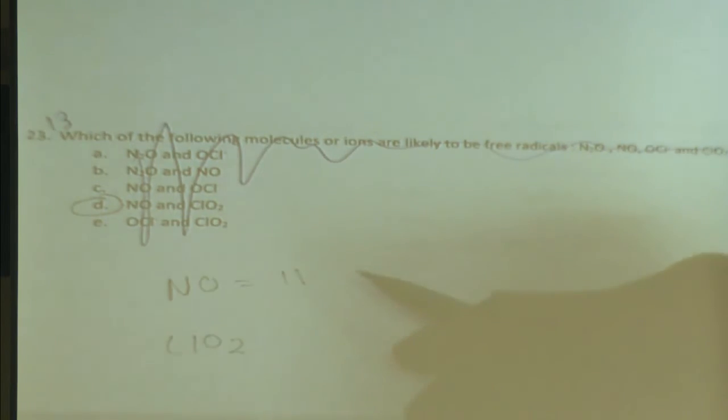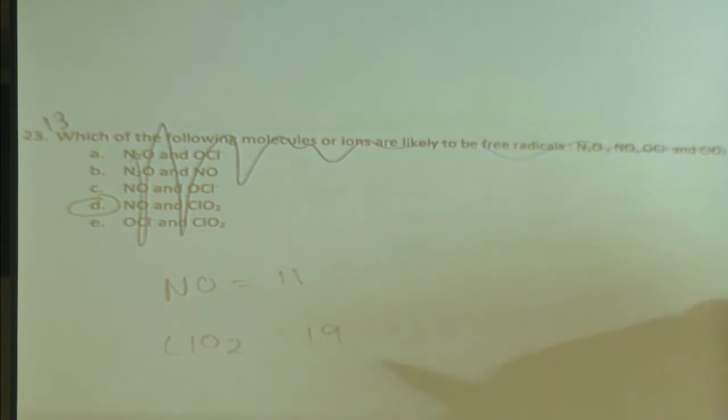So the answer is D because NO would have 11, that's the one we did in class, right? And the other one, ClO2, has 19. OCl minus has 14, and N2O has 16.